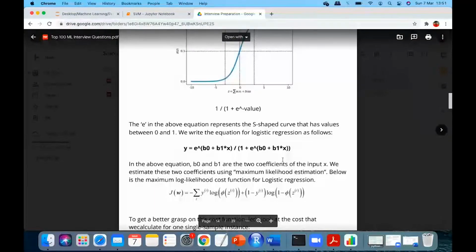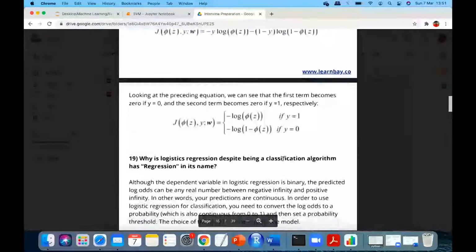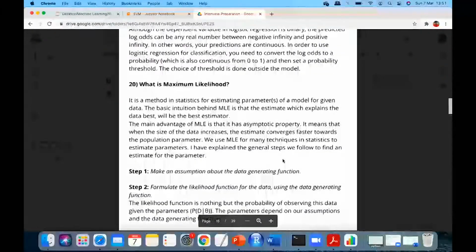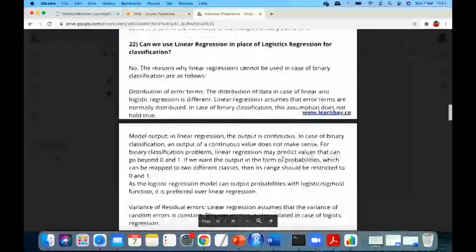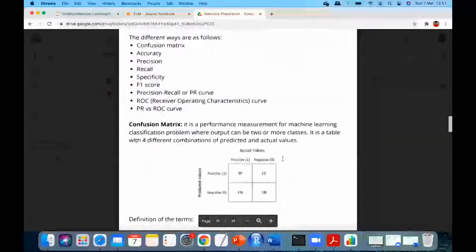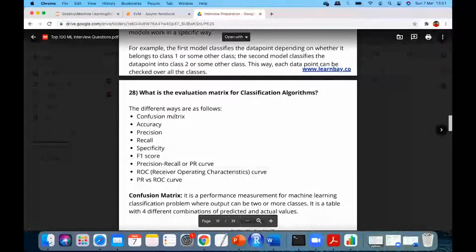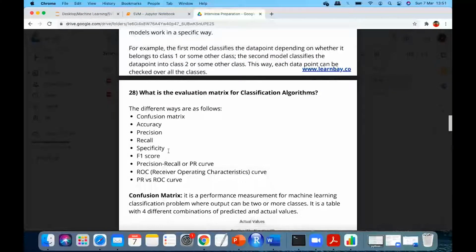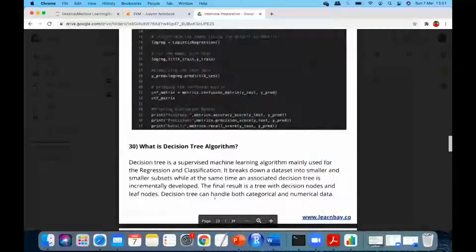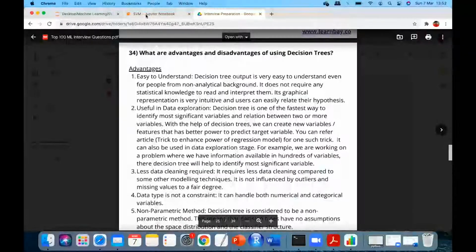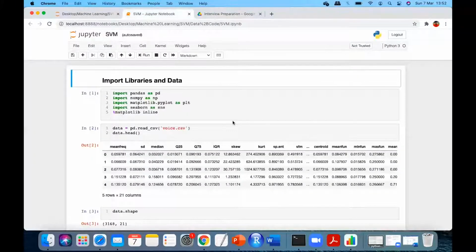So obviously you will refer to your class notes and then come here. Assumptions and all, and at last you will have the confusion matrix, accuracy, precision, recall, specificity, F1 score, all those things. You can go through it. I'll upload this after this class, once I upload the SVM class notes also. Let's quickly go into the SVM.